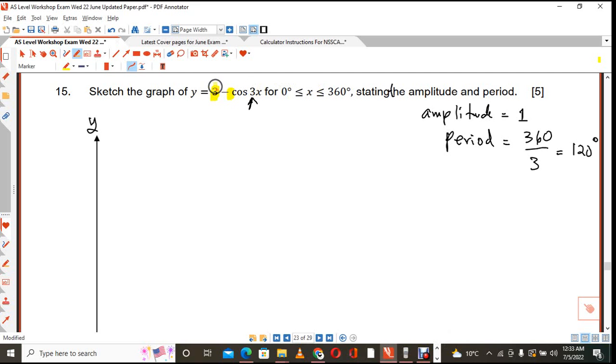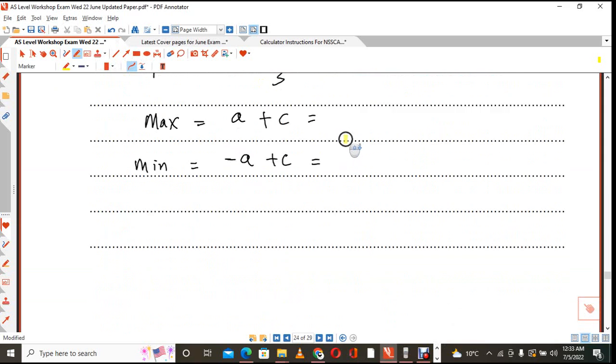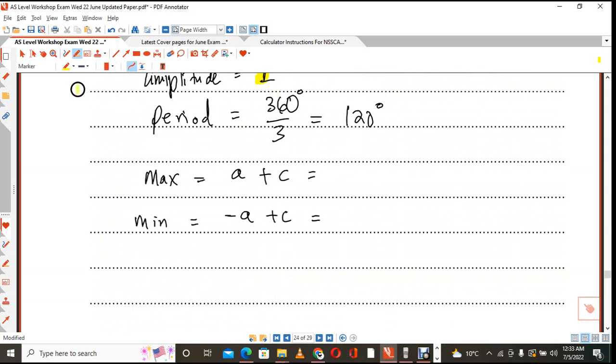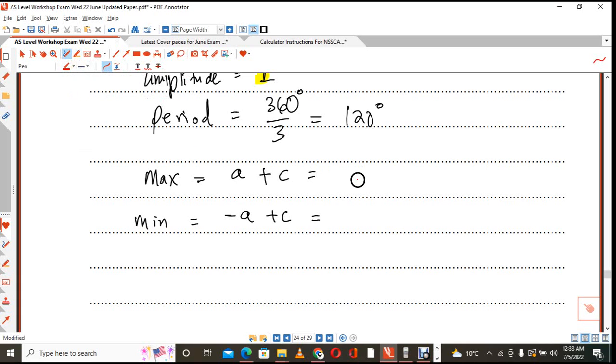All right. That 3 that is there. All right. Good. So it affects the vertical transformation. So here I'm going to have A is 1 plus 3. So the maximum will be 4. Here I'm going to have negative 1 plus 3 is going to be 2. Okay, so that's my maximum and minimum.